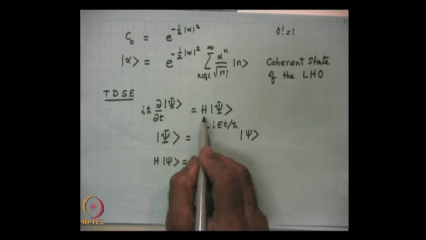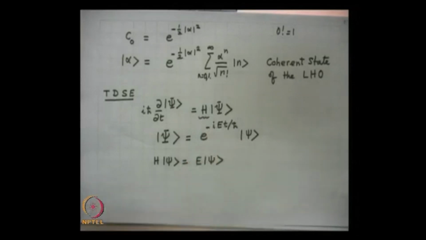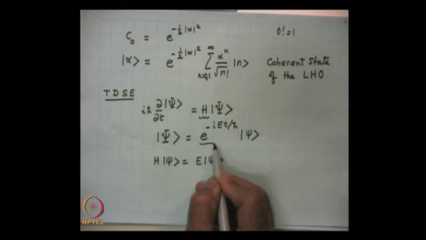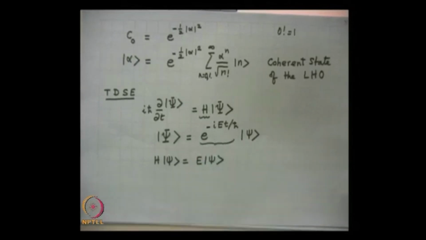So, for any Hamiltonian which does not depend on time, one can use the method of separation of variables, take the time part out, substitute it back in this equation and obtain this eigenvalue equation.